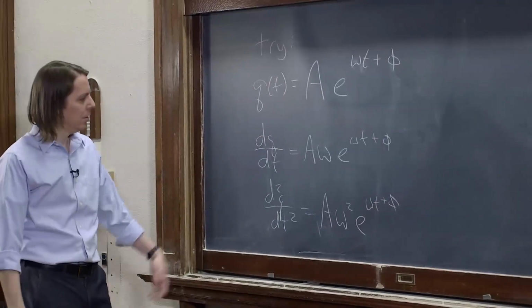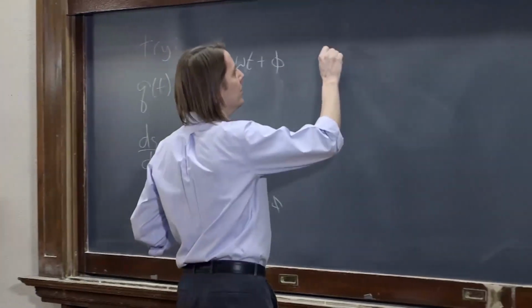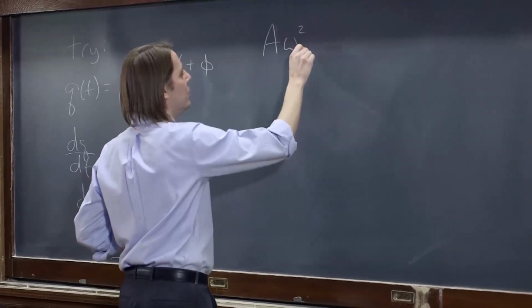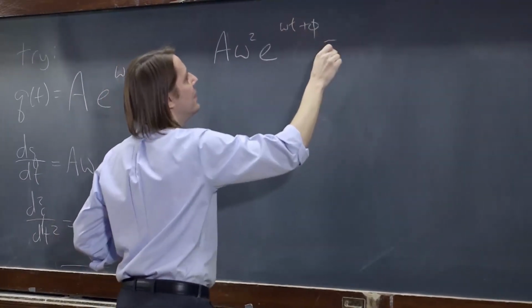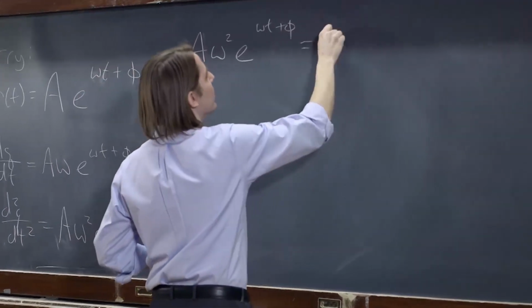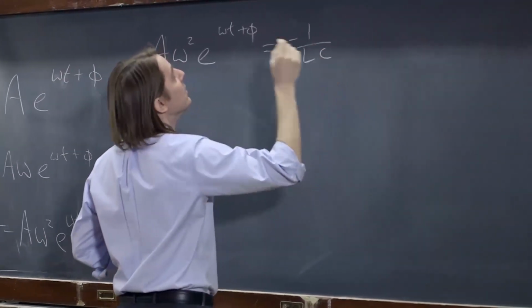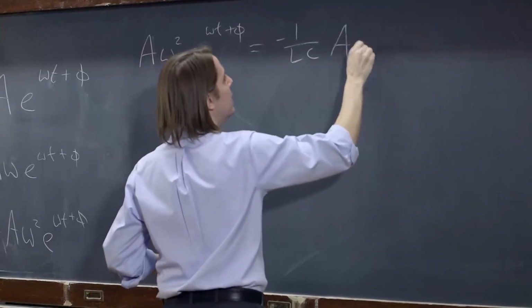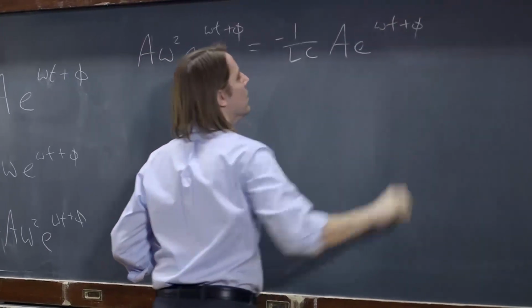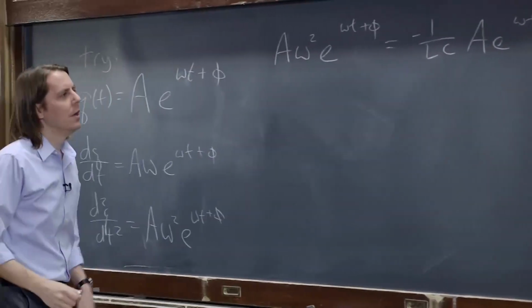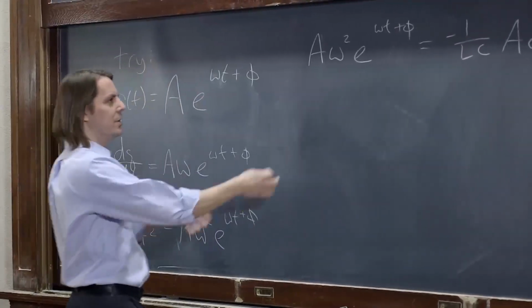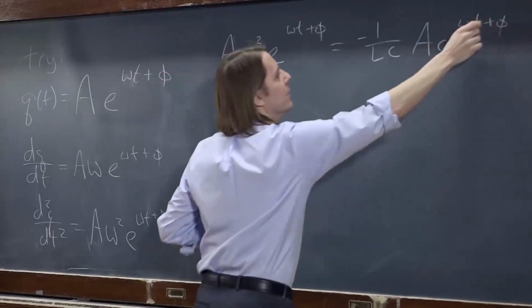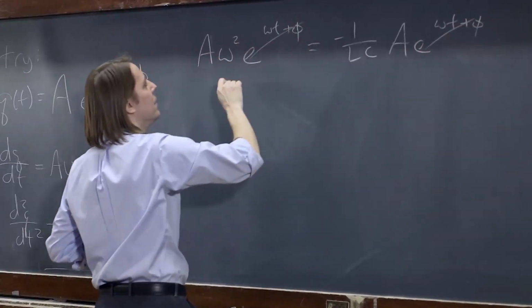All right, well, let's just plug them in. So the second derivative was A omega squared e to the (omega t plus phi) equals minus 1 over LC times q, A e to the (omega t plus phi). And we tell the equation, is this good? The equation says it's good if this is true, so the exponentials go away.